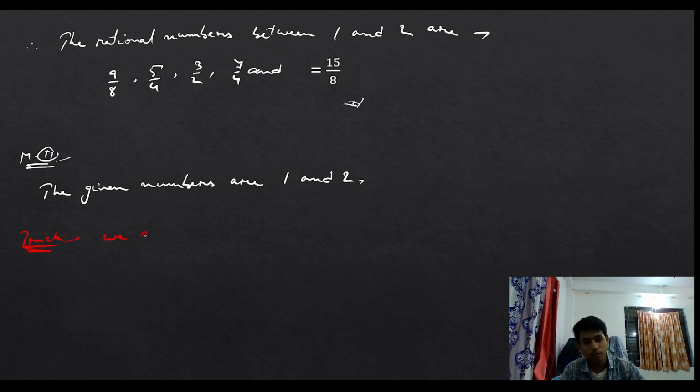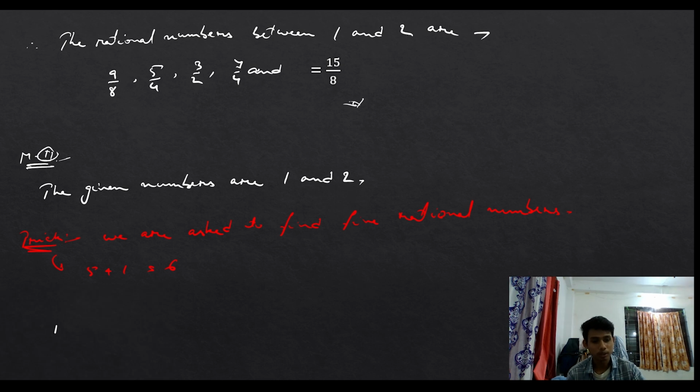We are asked to find 5 rational numbers. Now the trick is we will add 1 to the number of rational numbers that we are asked to find. In this case, it is 5. So 5 plus 1 is equal to 6.